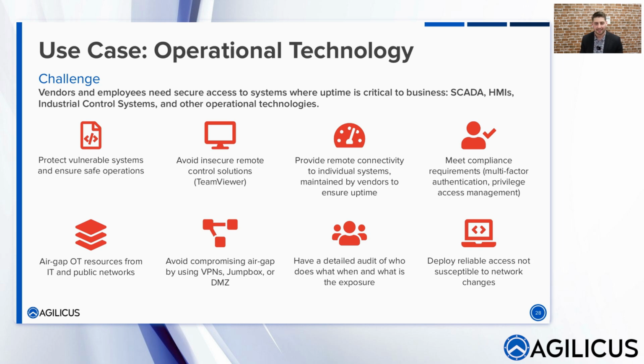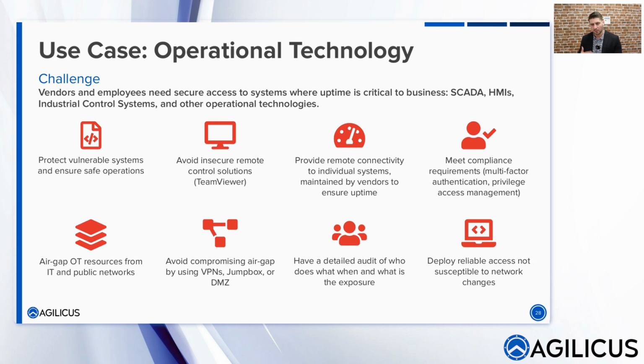You maintain compliance, or perhaps meet compliance if you're not already doing so when it comes to deploying multi-factor authentication, privileged access management, things of the like. You air gap those OT resources from the IT and public networks. You avoid compromising investments you made. Perhaps you brought in your own private cellular network and spent quite a bit of money to do so. You're not compromising that by handing out a VPN. You maintain that security that you invested in the first place.